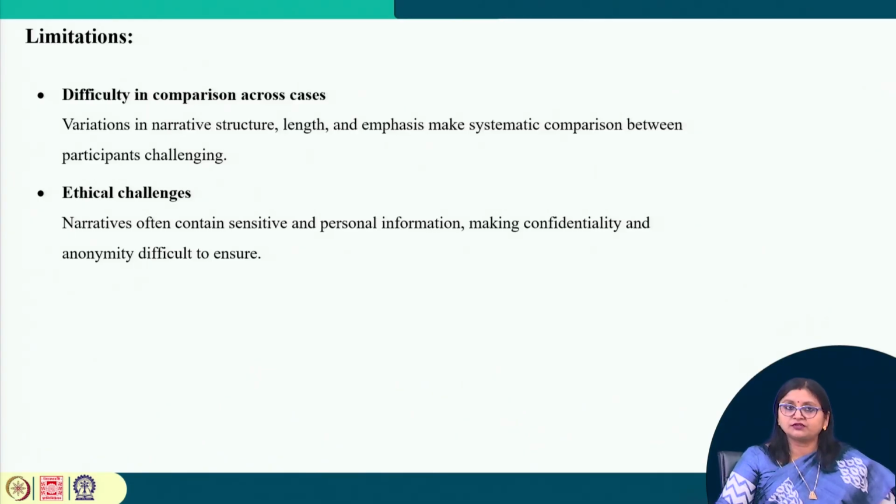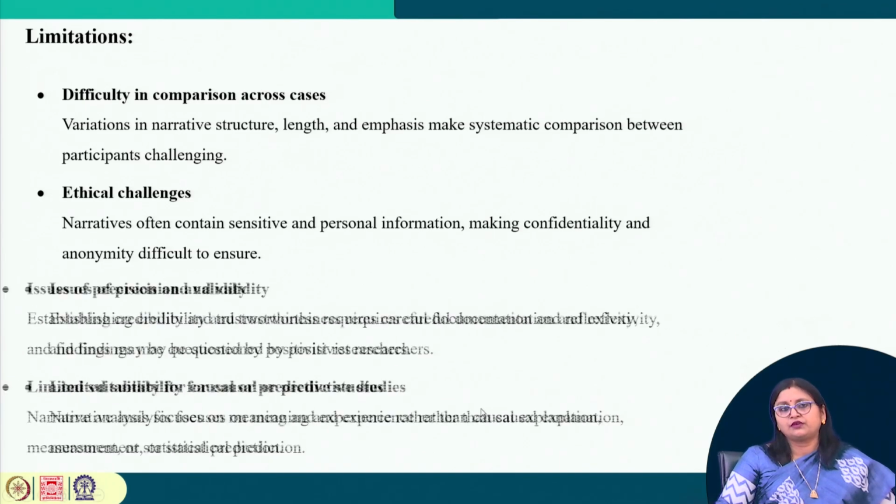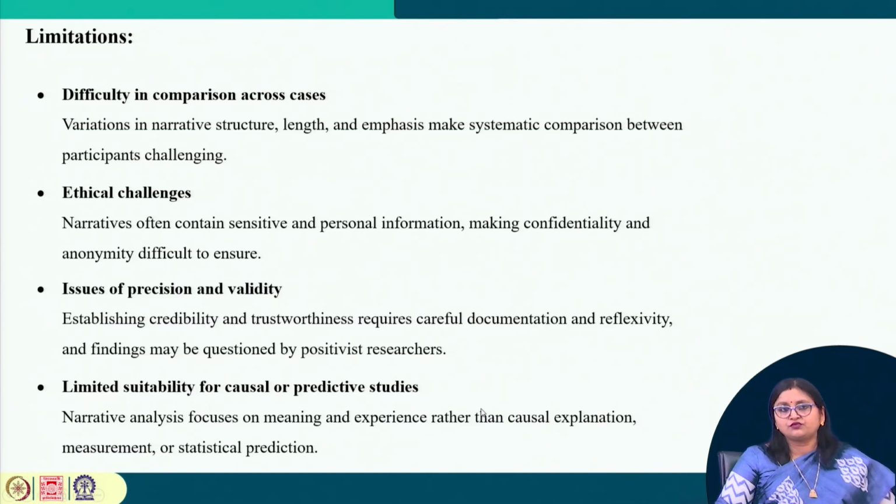Ethical challenges are also there. Narratives often contain sensitive and personal information, making confidentiality and anonymity difficult to ensure. Issues of precision and validity. Establishing credibility and trustworthiness requires careful documentation and reflexivity, and findings may be questioned by positivist researchers.